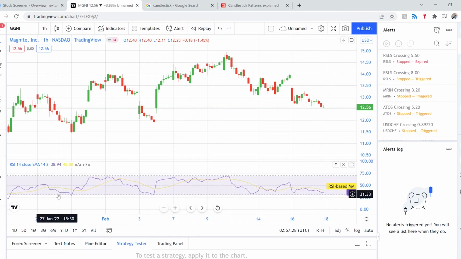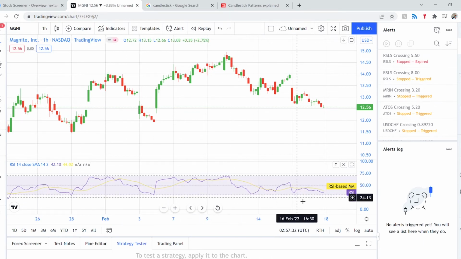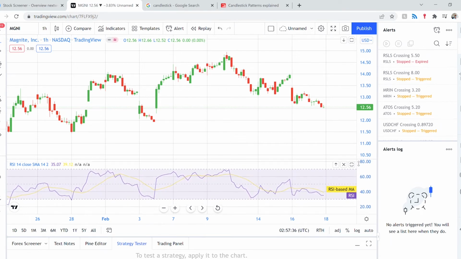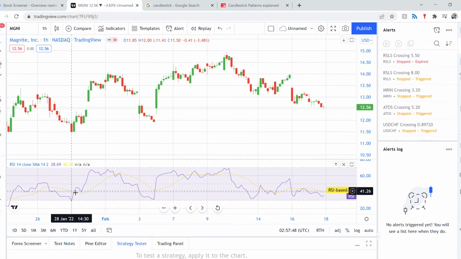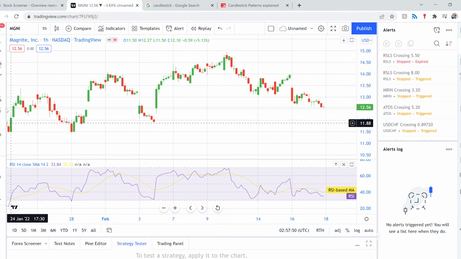As you can see, it's usually just in between those lines, and to know what's going to happen next, you want to figure out if this RSI moves either outside that band, that is above or below, and what happens.